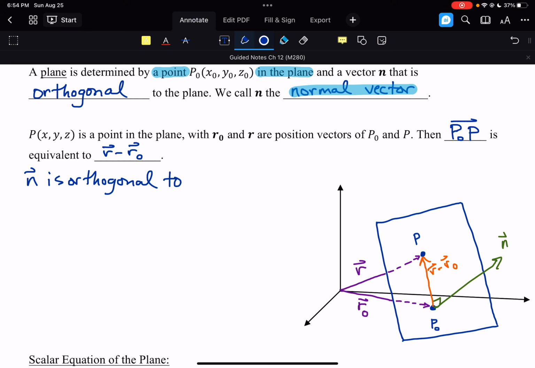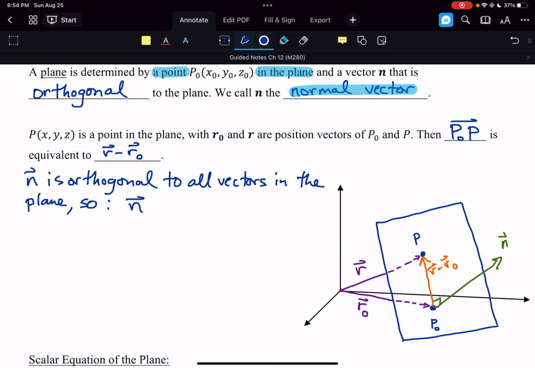Since it's orthogonal to the plane, it is orthogonal to all vectors in the plane. So if we want to run a test to see whether two vectors are orthogonal or not, we can use the dot product.